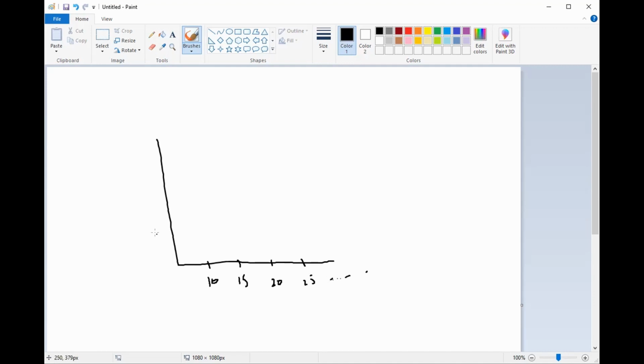And on the y-axis, we have survived. These people survived, and these people did not survive. So basically, N for no survival and S for survived.